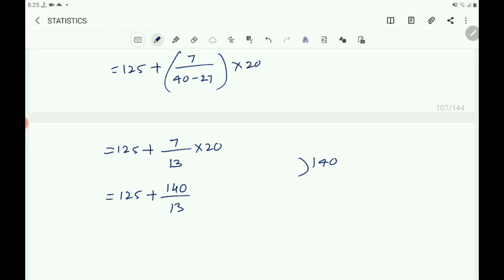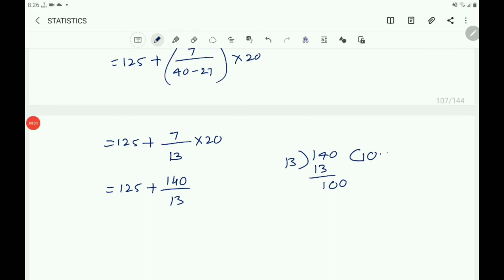Divide 140 by 13: 13 ones are 13, 1 0, that is not divisible, put 0 and 0 here, 10 point. 13 sevens are 91, then you will get 9 here, 0, approximately you will get 9 only.